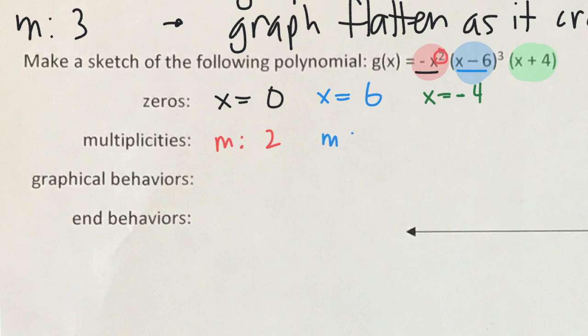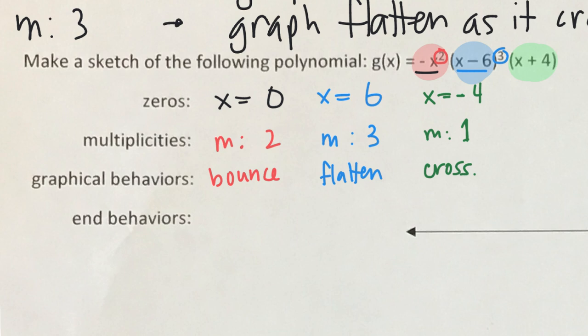Your x minus 6 has a 3 as its power. And your x plus 4 only has a multiplicity of 1. Okay, so at 0, the graph is going to bounce because that's what a multiplicity of 2 means. At 6, the graph is going to flatten as it crosses. And at negative 4, the graph is just going to cross normally.